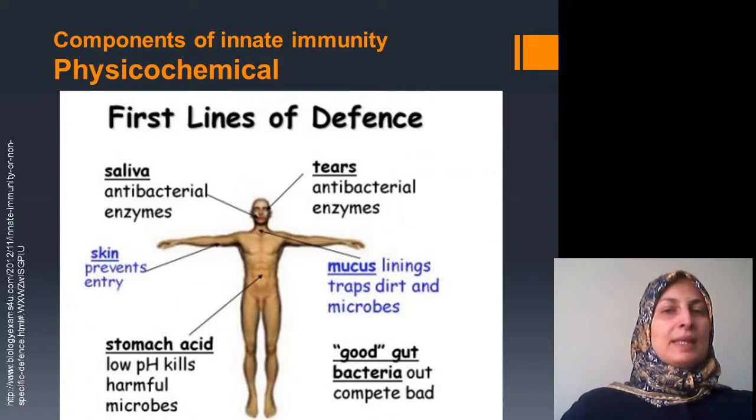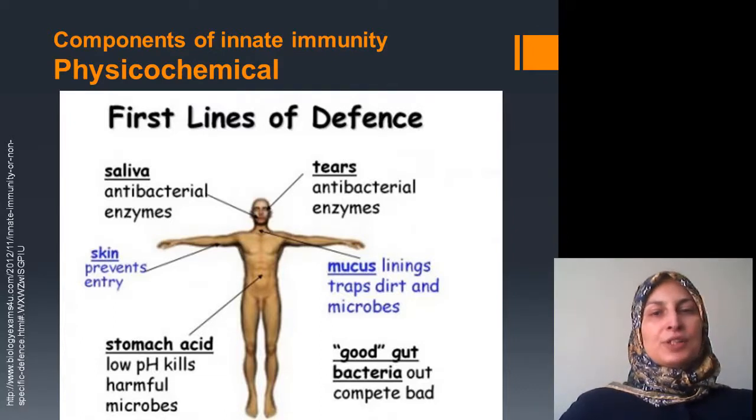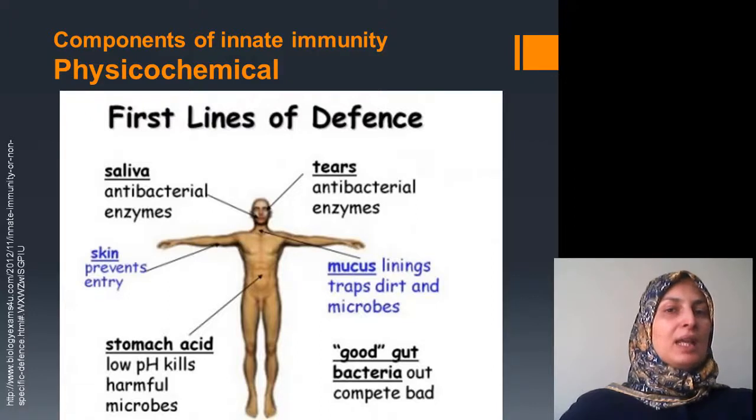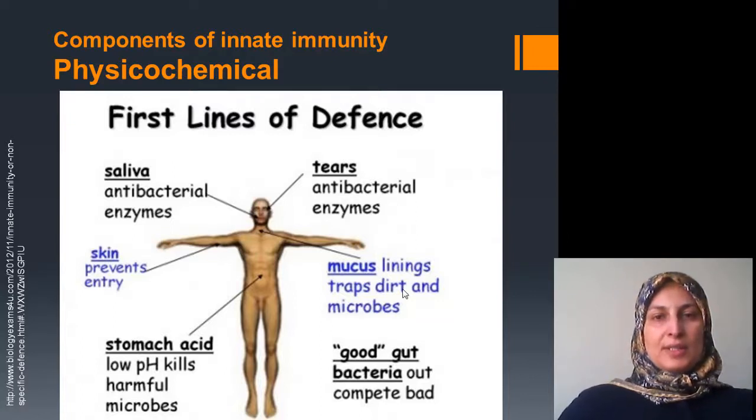So they would not be attacked. In return, these bacteria prevent the attachment of more pathogenic bacteria to the surfaces of the gut, for example, or the surfaces of the oral mucosa. So this is the first component of the innate immunity.